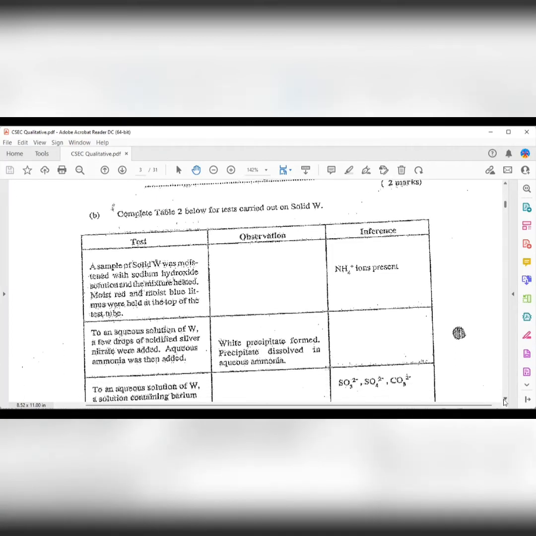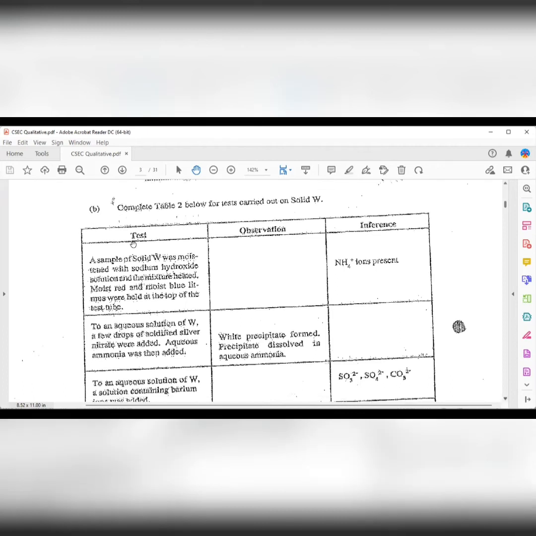Complete table 2 to show test carried out on solid doublet. The thing up here really is not that important. It's just what's down here. Let's see what this says now. A sample of solid doublet was moistened with sodium hydroxide solution, and moist red litmus was held at the top of the test tube.